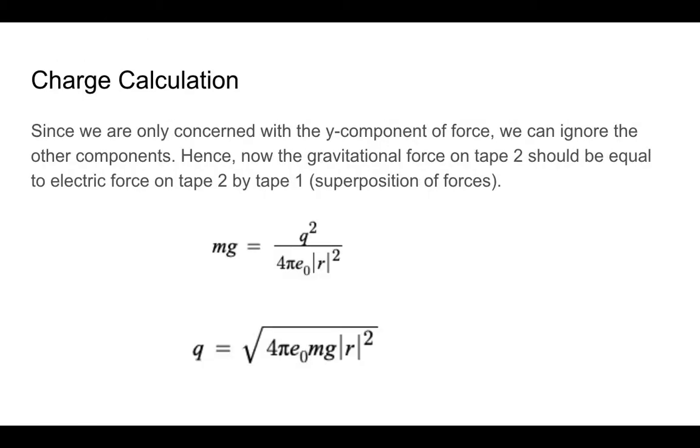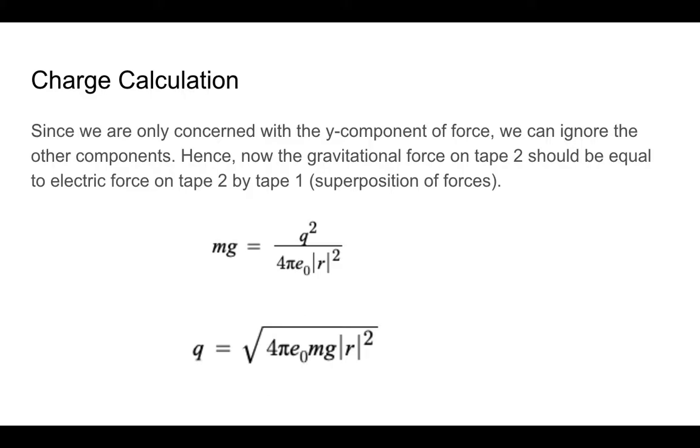Now from this, how can we calculate the charge? One way is through the model and the other way is through equations, which is exactly what I've done here. On the left is the equation for gravitational force, and on the right is the equation for electric force.